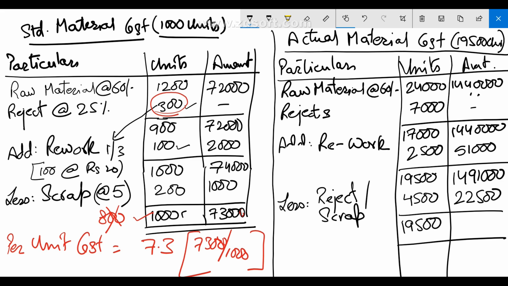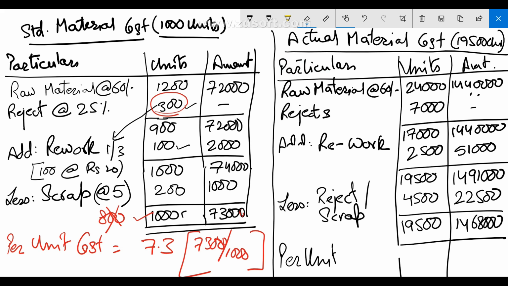So again we are not able to understand why didn't you subtract these two amounts? Guys, very simple. These two amounts are not to be subtracted because 19,500 is the units which already reduces the 4,500. So we will not reduce 4,500 again. Perfect. So the total amount which is computed is 14,68,000. Now if you compute the per unit cost, then what should it be?